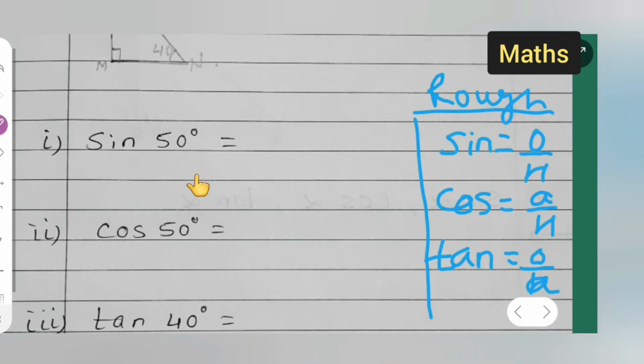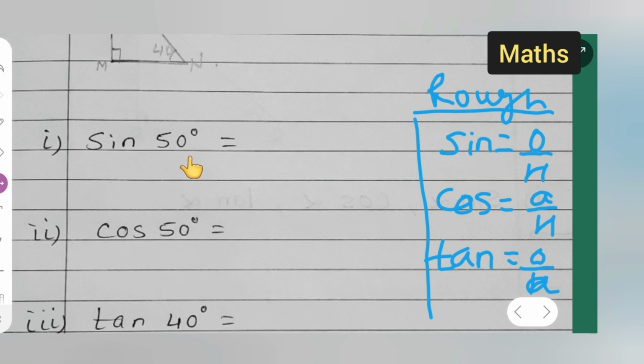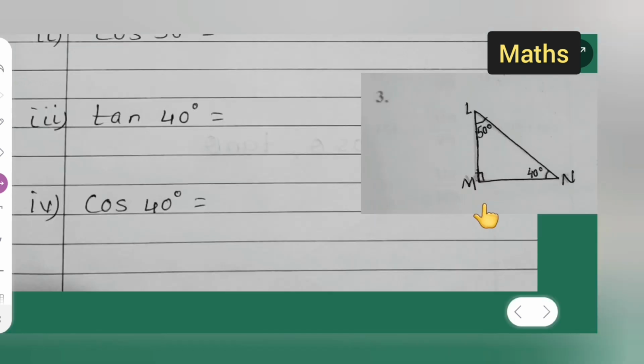So moving towards the page. Now can you all see the triangle over here, that is LMN? What is given? We need to find out the sine ratio of 50 degrees. Sine is opposite upon hypotenuse, right? So sine of 50 will be what?